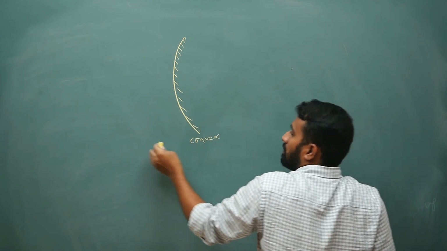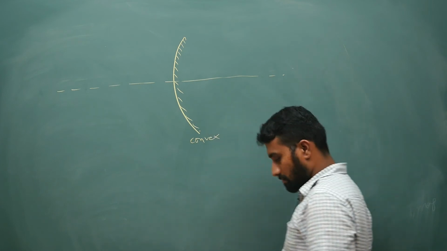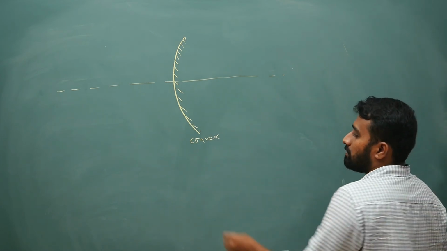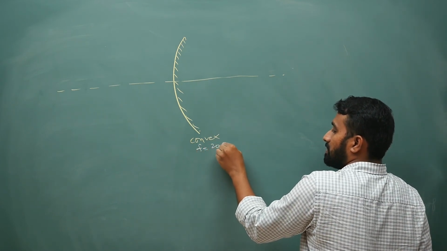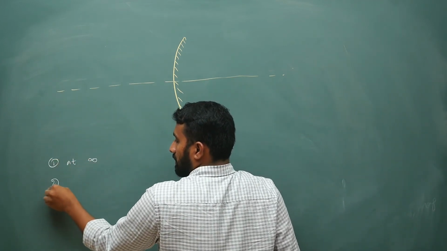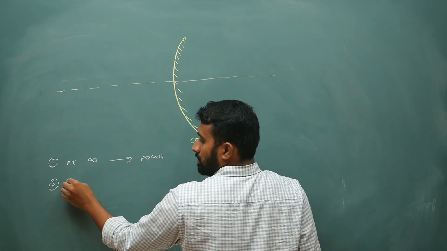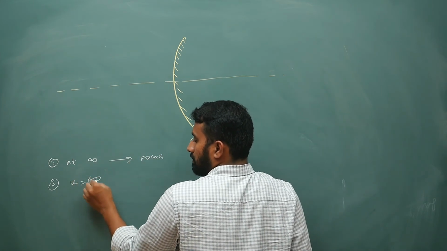Previously we have taken a concave mirror. Do the same, table everything. Use the formula with F equal to 20 centimeter. First case at infinity. Second case, obviously answer is at focus only. Second case 60 centimeter.